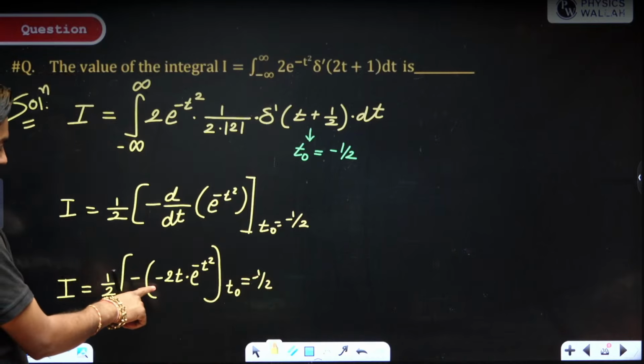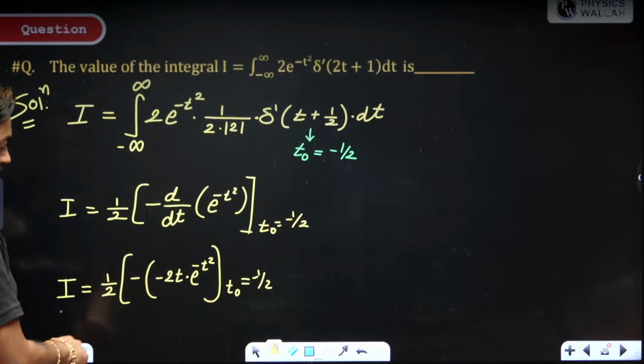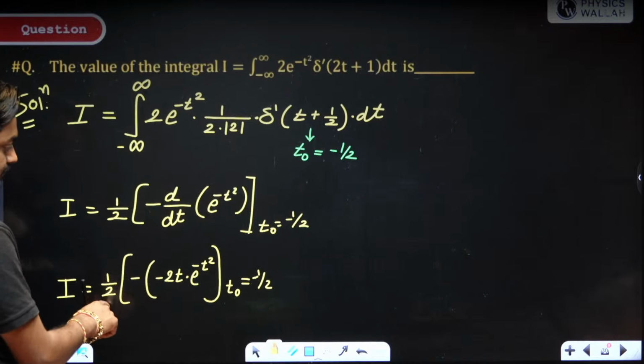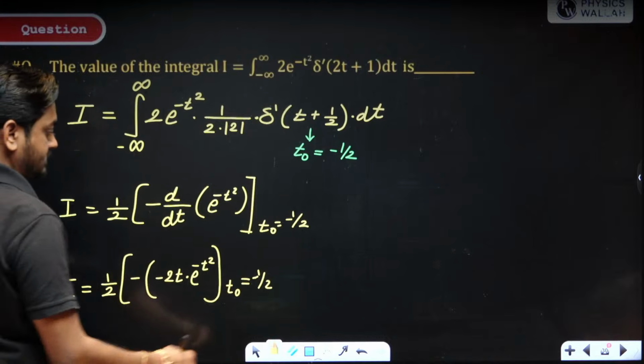So this is minus sign, this is minus sign, plus sign, minus minus gets cancelled out, and the 2 gets cancelled out. But here t naught is equal to 1 by 2, guys.